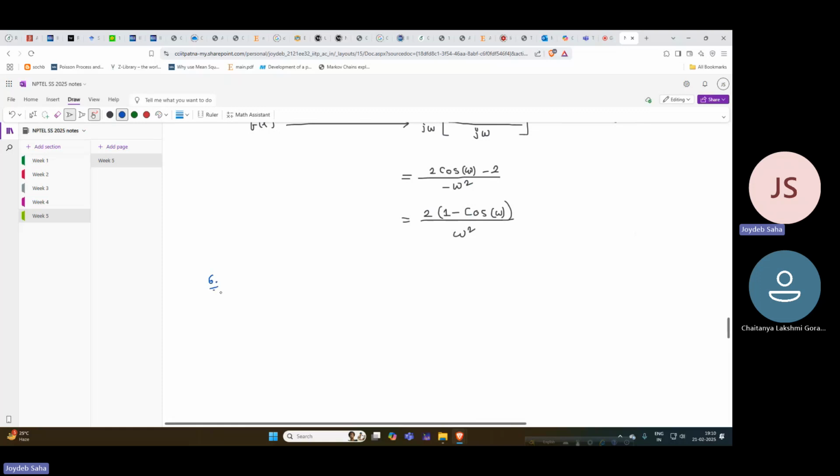Find the Fourier transform of, no, not Fourier transform.